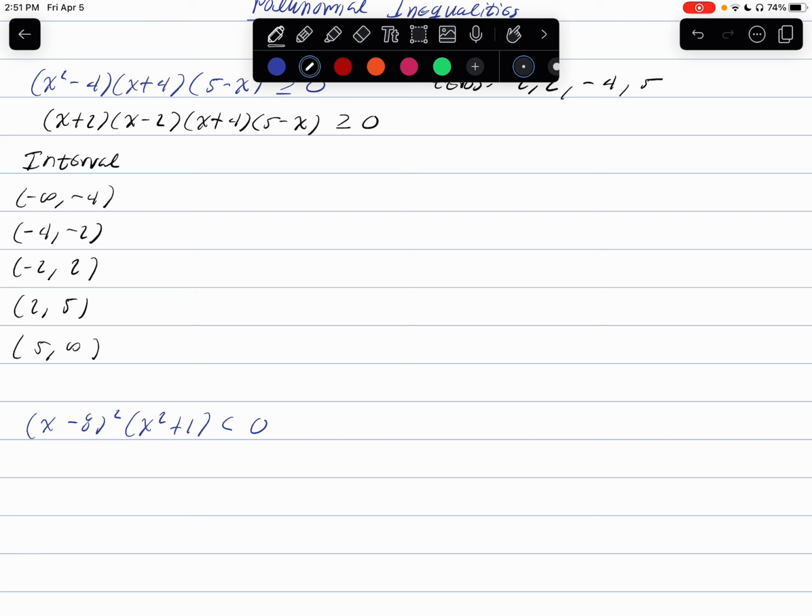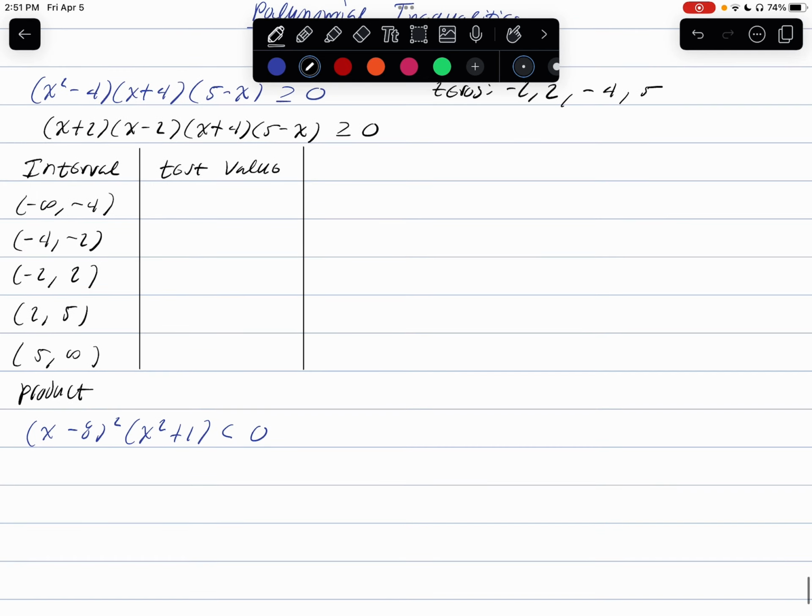And then we're going to have something called a test value. We kind of discussed this a little bit in that last video. And we're also going to have their product too. That's important. Then we're going to have the actual value, and then the sign.